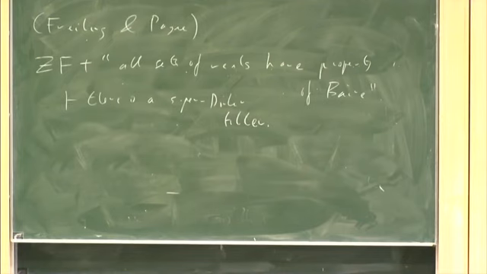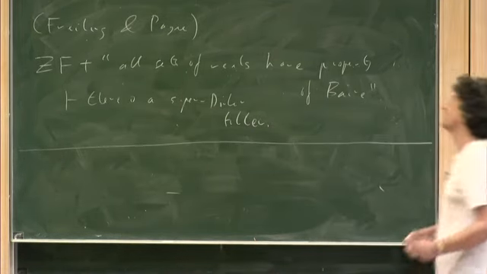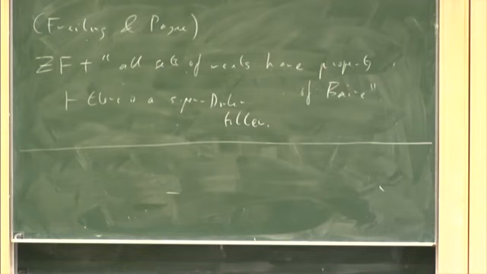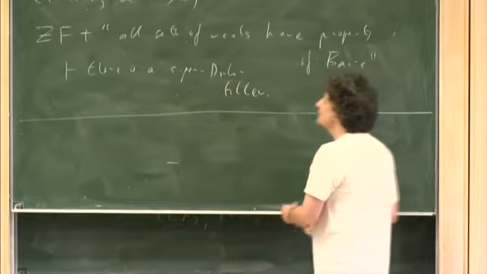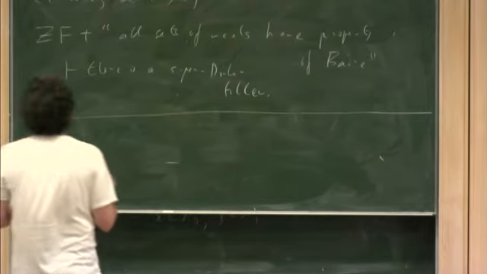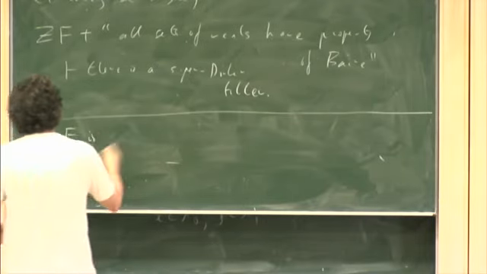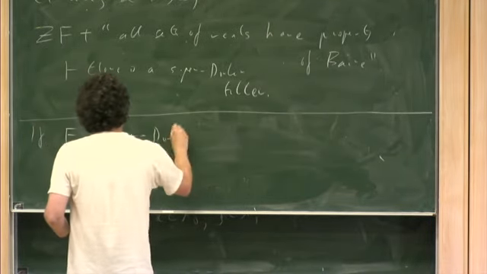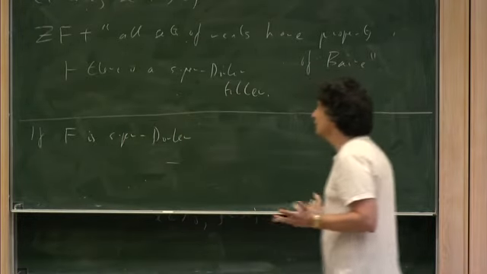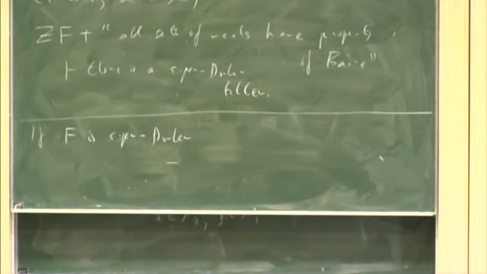All right, now more relevantly, this is the last time in the whole talk that we're going to be working in any theory other than ZFC or ZFC plus large cardinals. So in ZFC, Freeling and Payne made some observations. I guess the first one might not need ZFC. If F is Super-Dowker, then there's a natural ultrafilter associated with F, namely the ultrafilter which tells you which side of the partition is going to win.